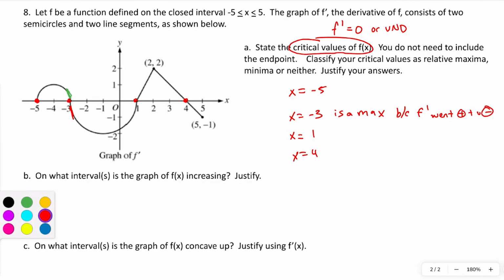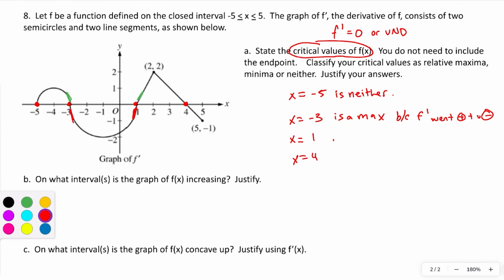If we look at the endpoint at -5, we're not going from anything to positive, so this is just going to be neither. At 1, the value of f prime is going from being negative to positive, so we're going to have a local minimum there, because f prime went from being negative to positive.